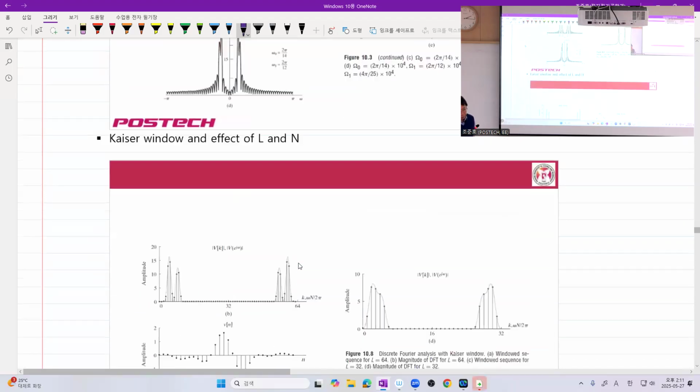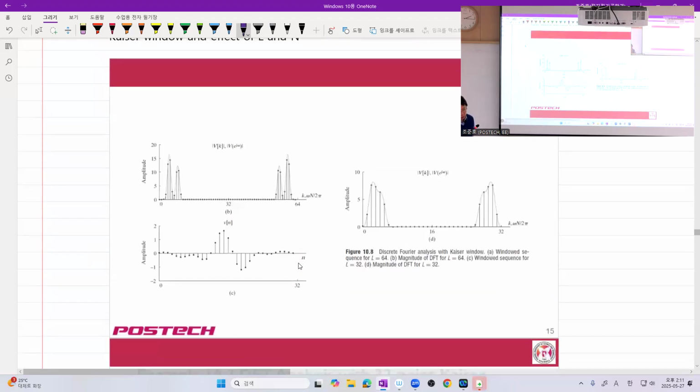So this is what we've seen, and I just mentioned this. The difference here and there is that you have a shorter window length L, so you have more blurring of the original signal. As you see, in this case, you have length 32, and in this case, you have length 64. Got it?